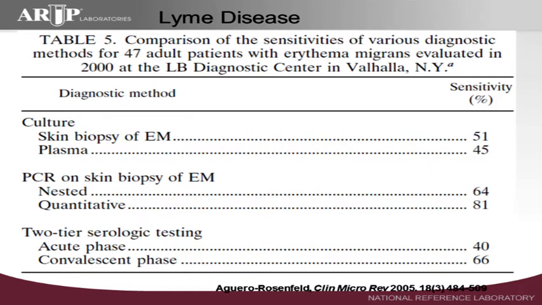And what was sensitivity again? That's right, who are positive for the disease and are positive for the result. Very good. So this acute phase right here, 40% sensitivity and 66% sensitivity in the convalescent stage. So that's one of the stages of the disease.